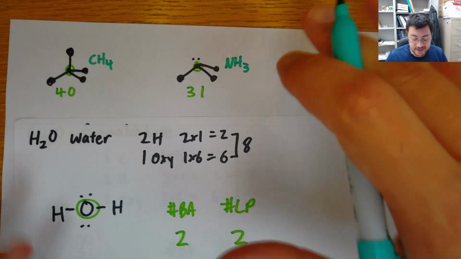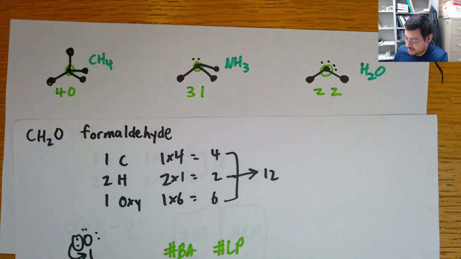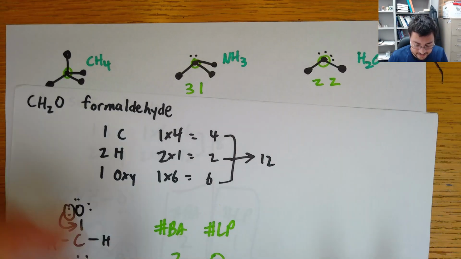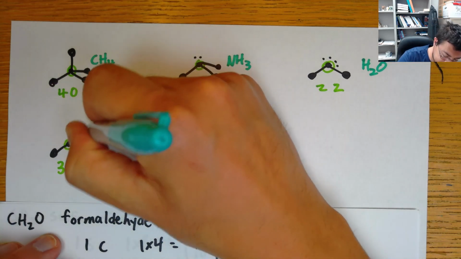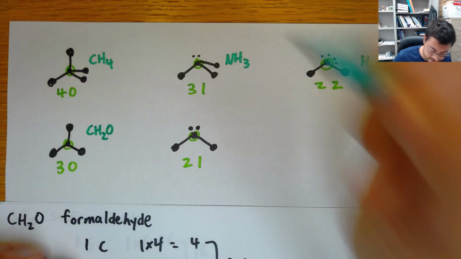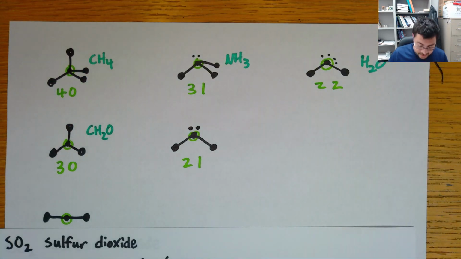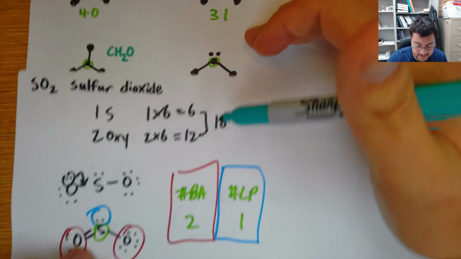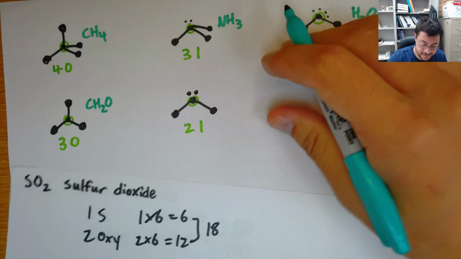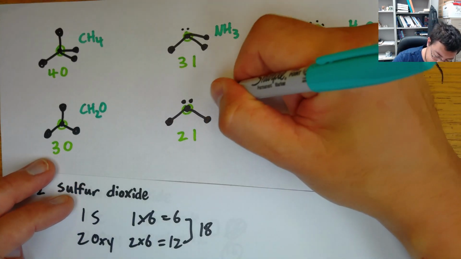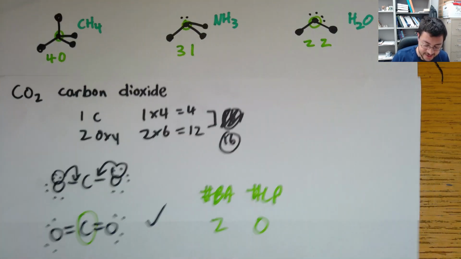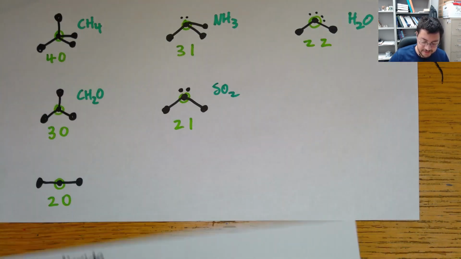I need like anti-slip grip on this table or something. All right, formaldehyde, 3-0. CH2O, there it is. Sulfur dioxide, a 2-1. 2-1 structure. And then lastly, we got carbon dioxide, a 2-0 structure.